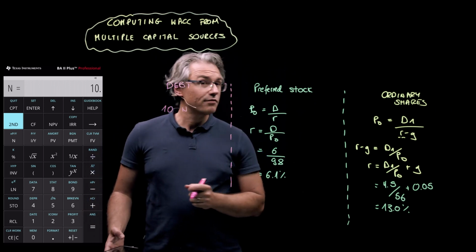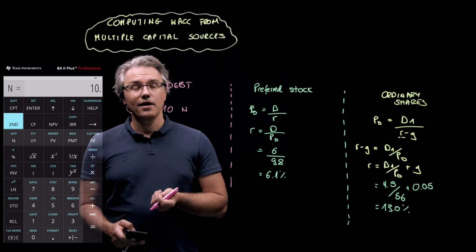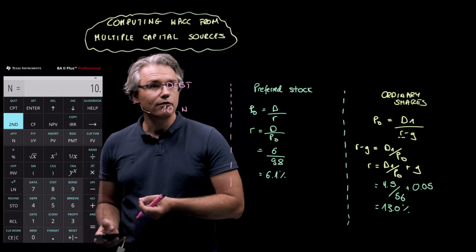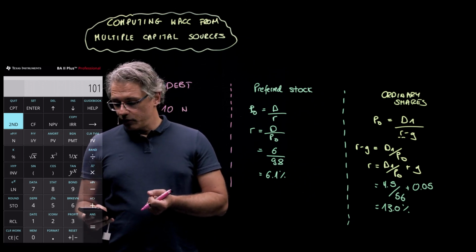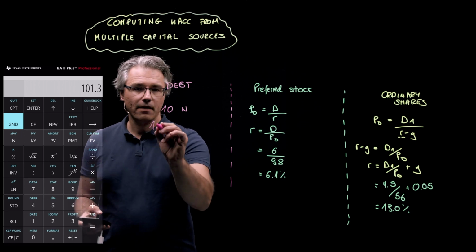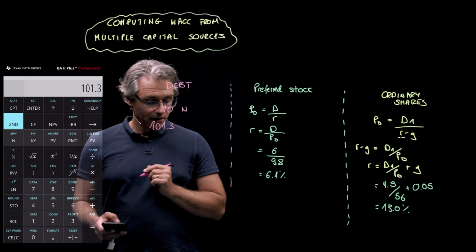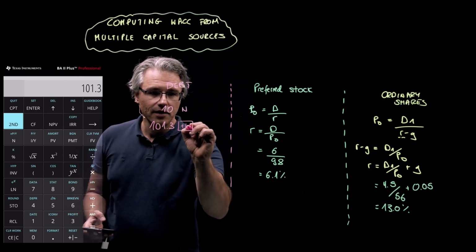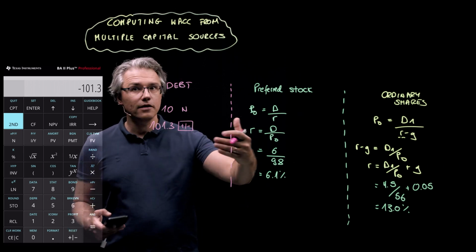Next, I'm going to provide the calculator with the value of the bonds today, so that's their present value. We read that the bonds are trading at 101.3, so 101.3 followed by the plus minus key, because I want to make this a negative input, seeing as investors are paying for these bonds.